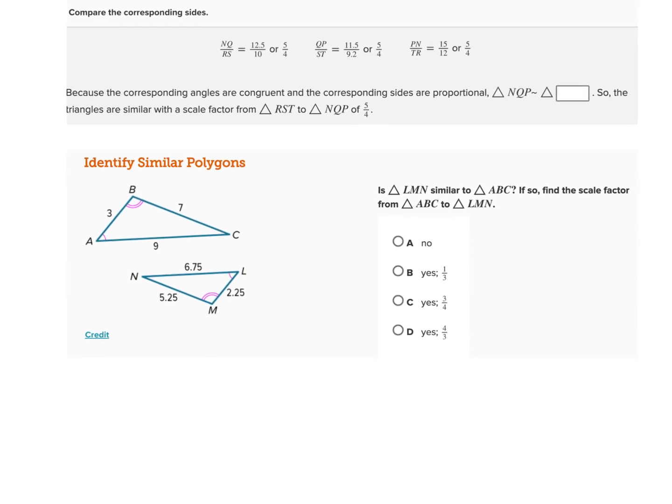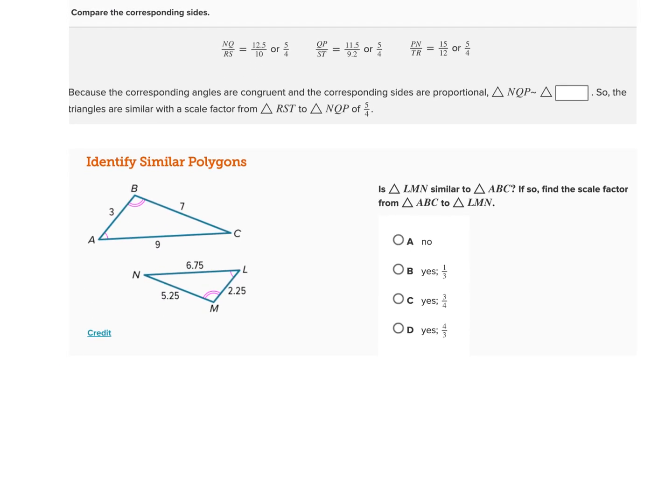Now, we have another example. Try this one on your own. Try creating the scale factor the way I did above.